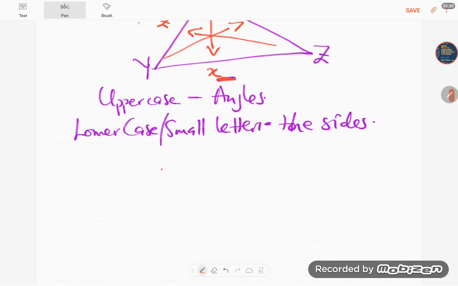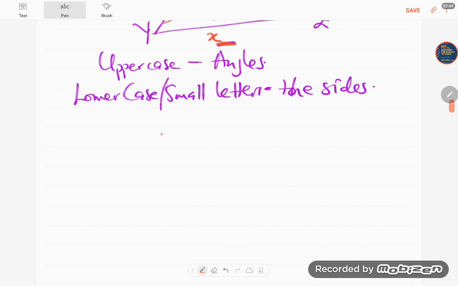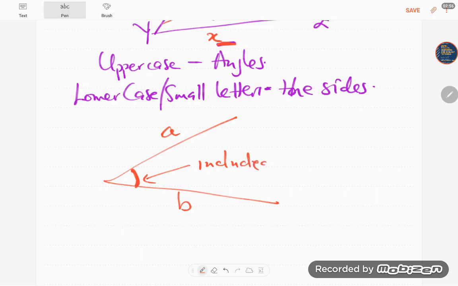Again, we need to come up with what we call an included angle. If I have two sides, side A and side B, then the angle that they form is called an included angle. This has two implications on your theories.